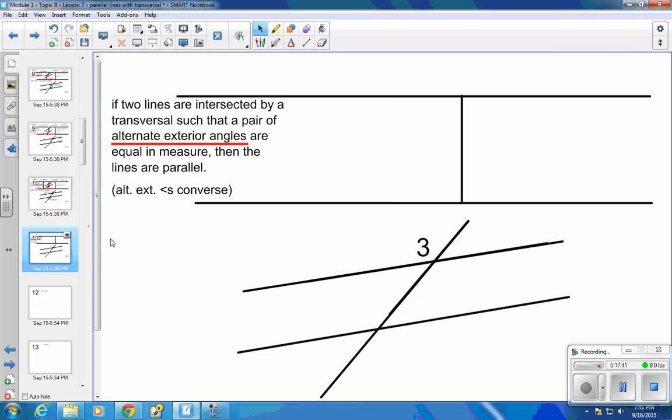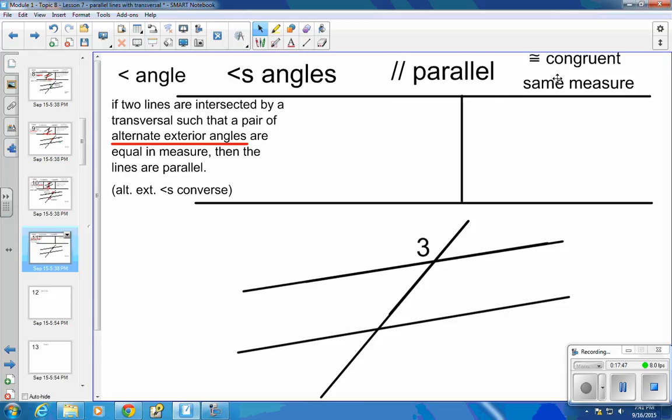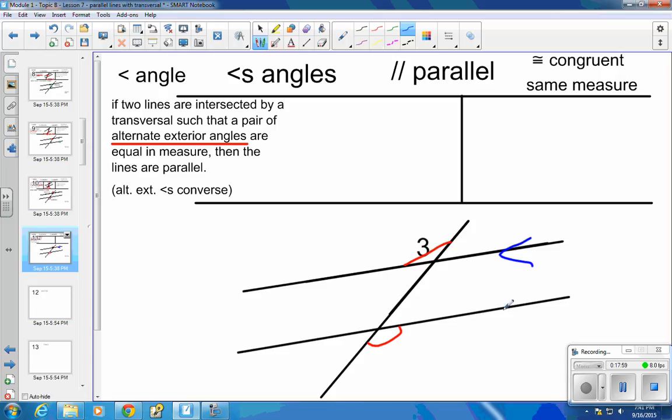Okay, last one for the prelim stuff. So if we know that the alternate exterior angles are congruent, so if we know that this angle up there is congruent to this angle down here, then our lines have to be parallel, using our parallel symbol again. So the picture you guys should draw. Sorry, you should have a little box there.